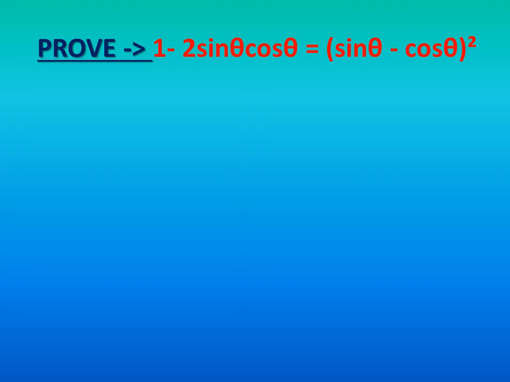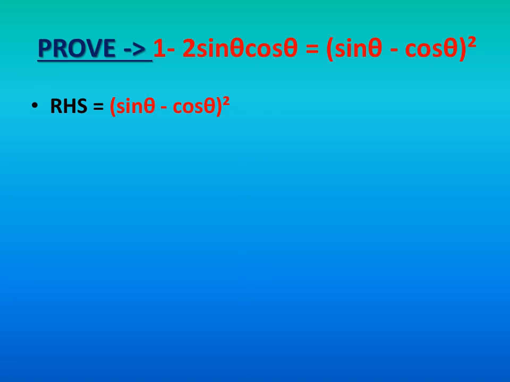Now the next exercise we'll do: prove that 1 minus 2 sine theta cos theta is equal to sine theta minus cos theta the whole square. Now in this, from the RHS of this equation we take sine theta minus cos theta the whole square. We split this RHS.